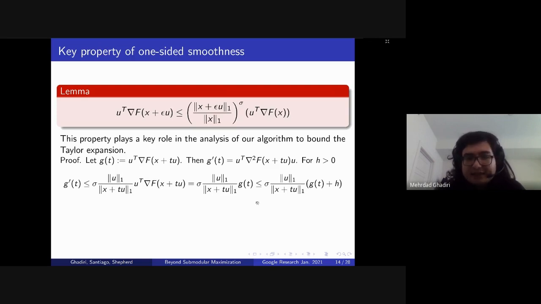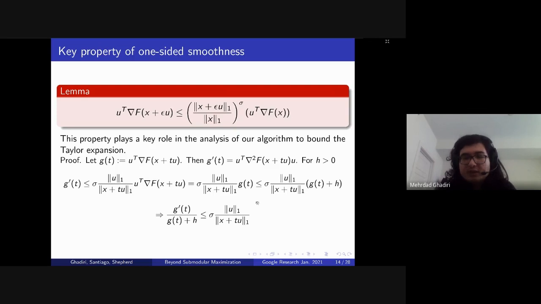And that is equal to sigma times the L1 norm of u over the L1 norm of x plus tu, times g of t, because the definition of g of t just gives us that equality. And then, as I said, because we assume the function is monotone, g of t is non-negative. So we have that last inequality for any positive h.